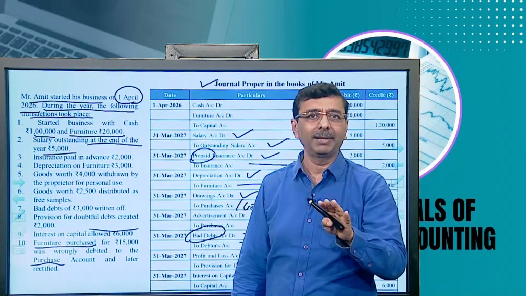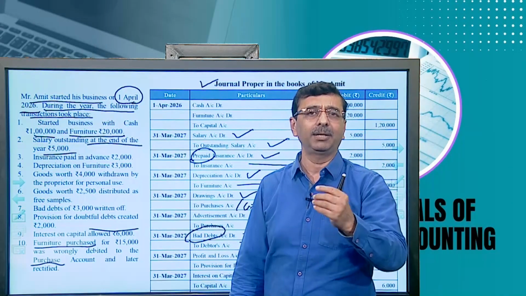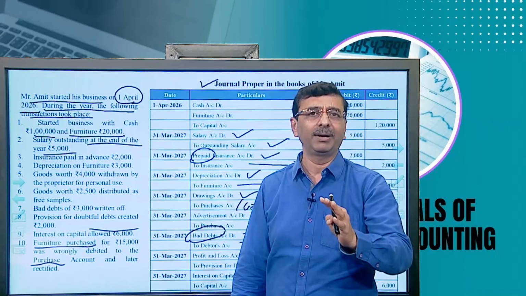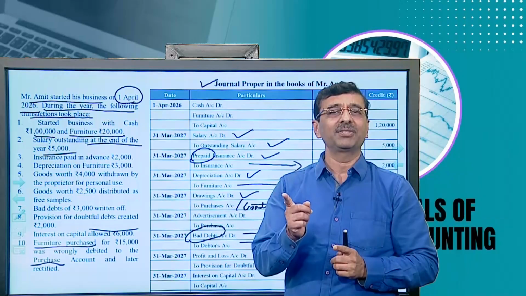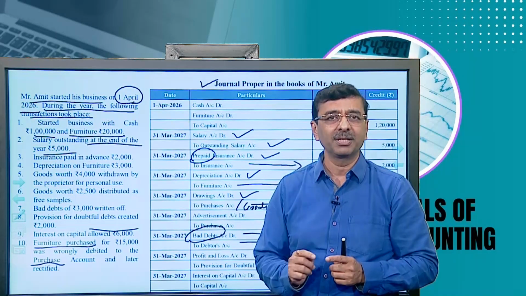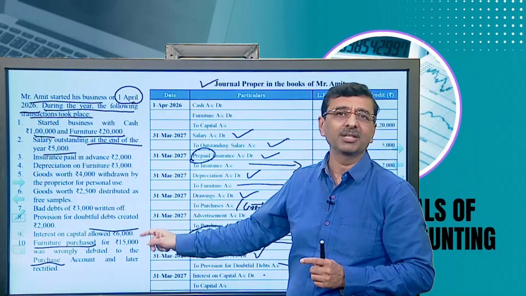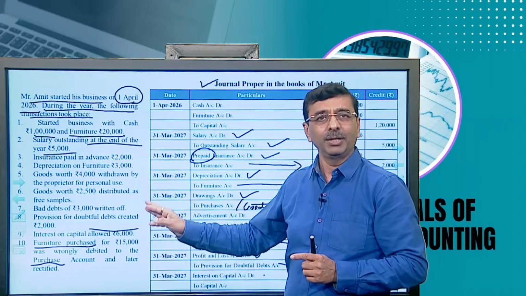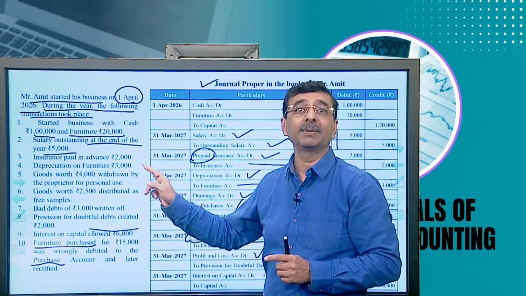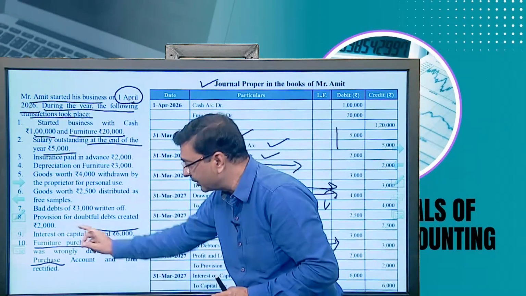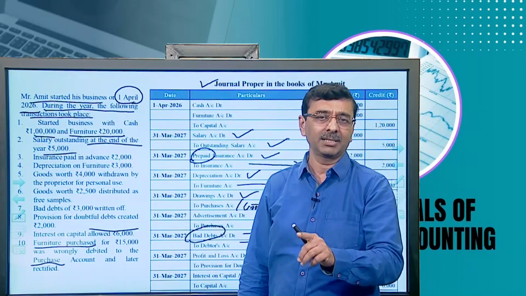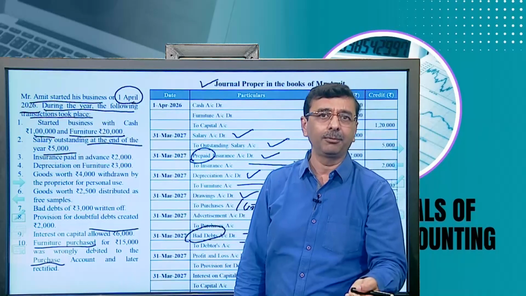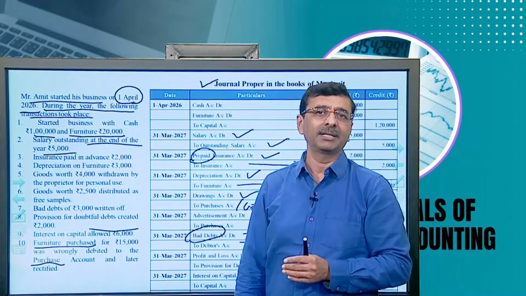The other entry was correct, whether the cash payment, bank payment or an outstanding through the vendors or whatsoever. What was wrong? The wrong part was the purchase account debit. Actually it's not a purchase account, because they were not doing a business of furniture, right? So it has to be debited to the respective asset. The asset is furniture. So the wrongly entered transaction we have to rectify: reverse it, and the correct entry has to be debited.